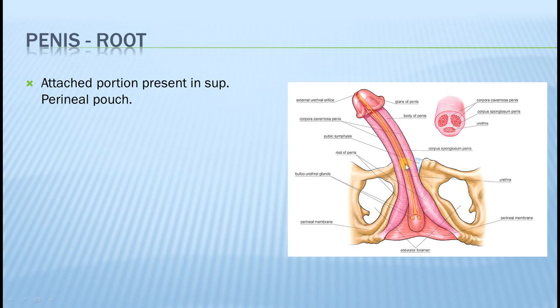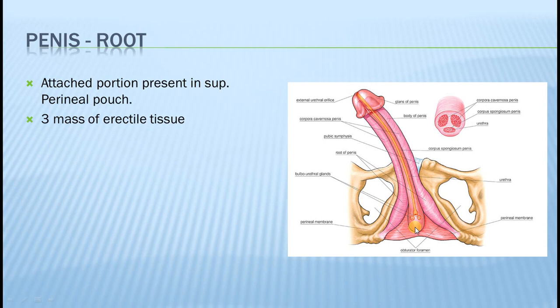These deep crura unite to form a single part, which is called the corpora cavernosa. The root has two crura and another part which is expanded, called the bulb of the penis. So the three masses are two corpora cavernosa and the corpus spongiosum.